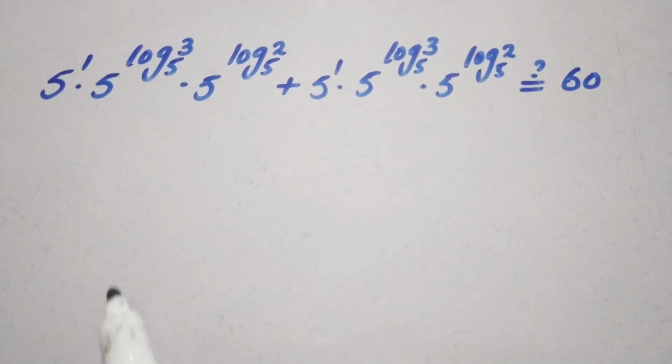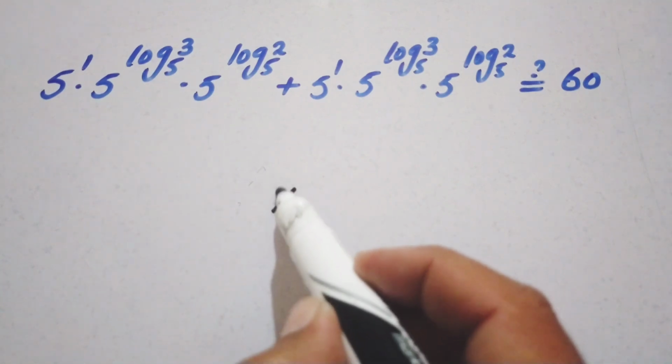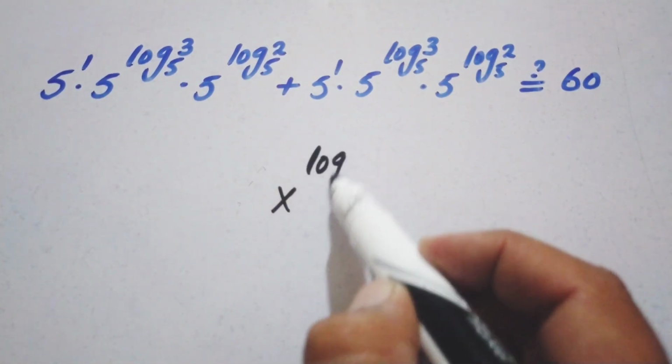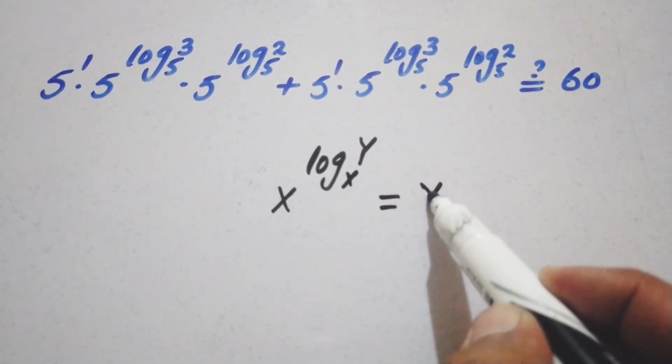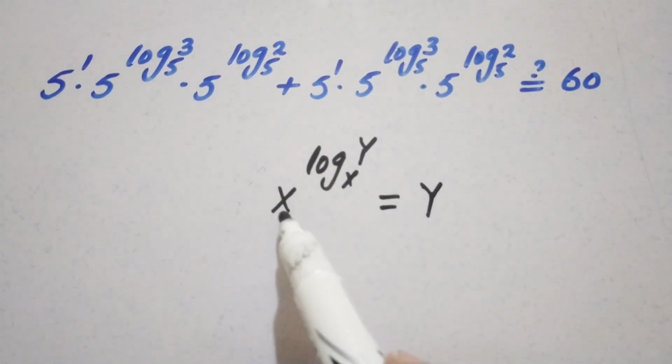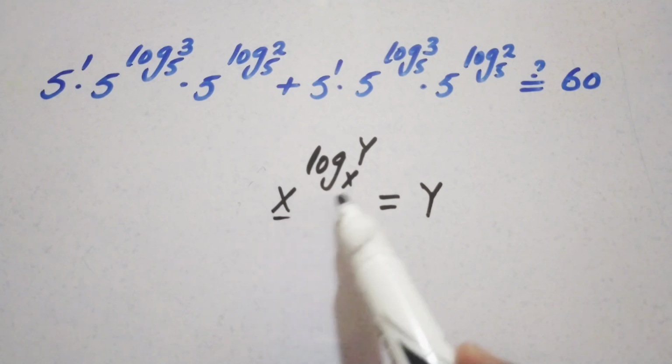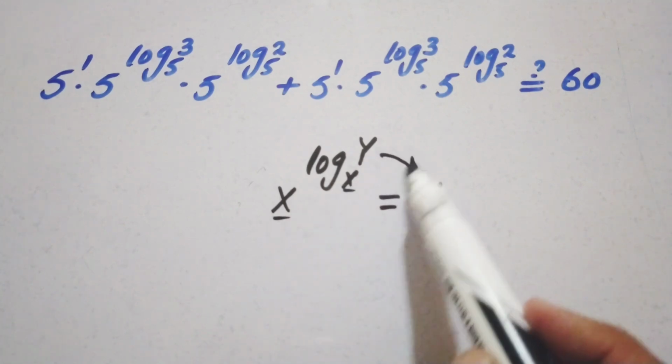By using a logarithmic property, if we have x power log y to the base x, this is equal to y.